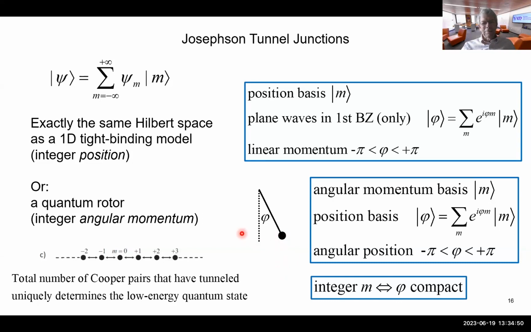And the angular momentum of this object, when you quantize it, is an integer, which can be positive, 0, or negative, depending on which way it's whirling. Just like this position can be positive, negative, or 0, but an integer.